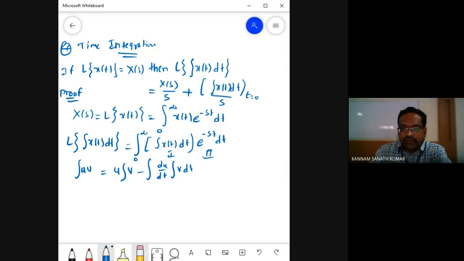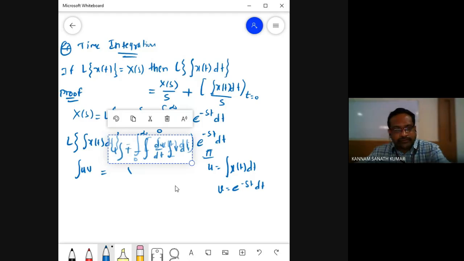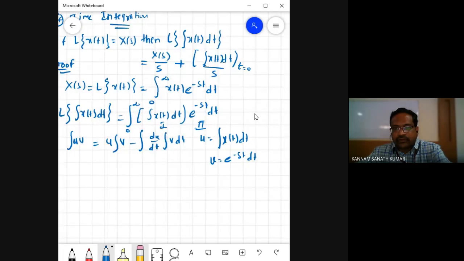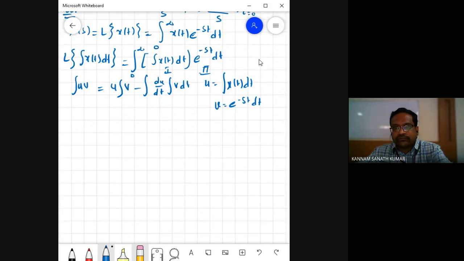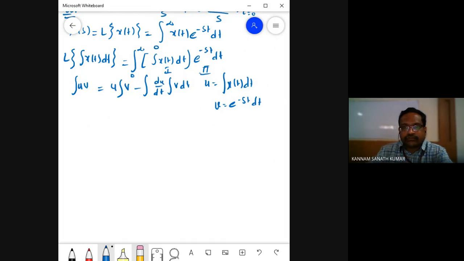Here you have to take u equal to integration of x of t dt, and v equal to e power minus st dt. So now I'm calculating.